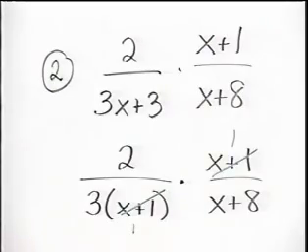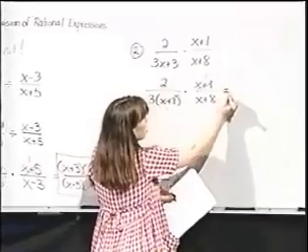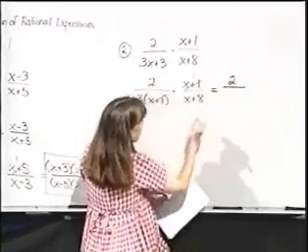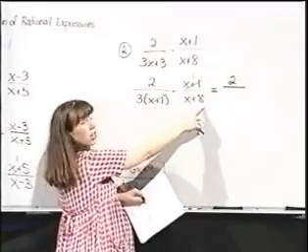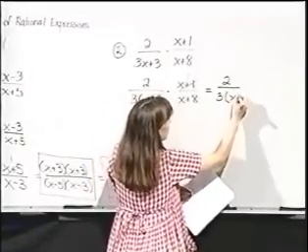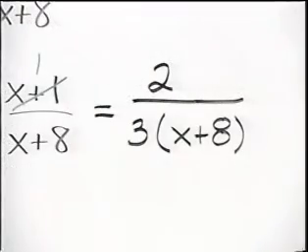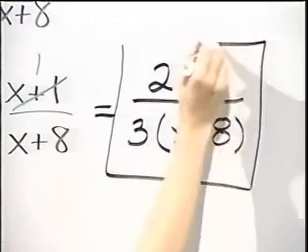And so your final result, when you multiply across, you'll have 2 times 1, which equals 2, and 3 times 1, which is just 3, times x plus 8. So you'll just have 3 times x plus 8, and you can leave your answer like that.